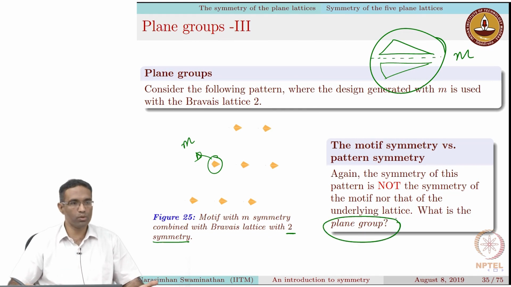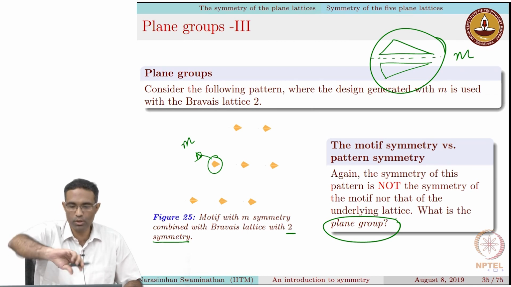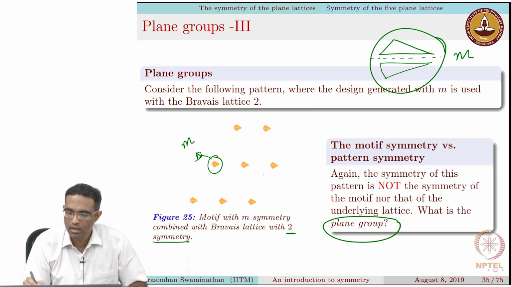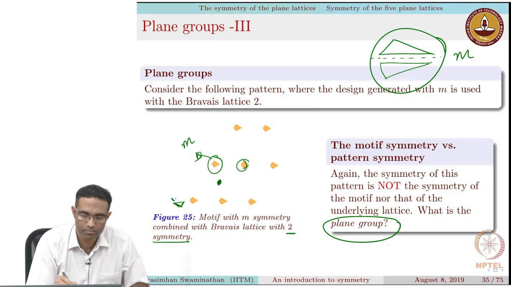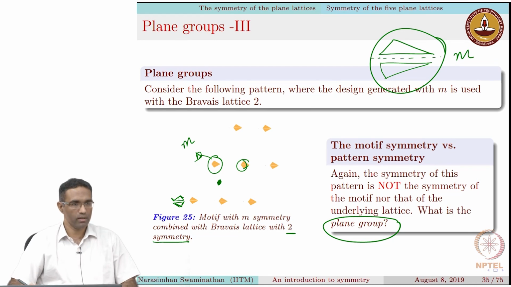It is definitely not 2, right? Because if you think that there is a rotation axis by 180 degrees, and if you rotate it, you would not get this to look like that. You would rather get it to look with these longer edges on this side, right? It should look something like that, but it is not looking that way. So what is the symmetry here?